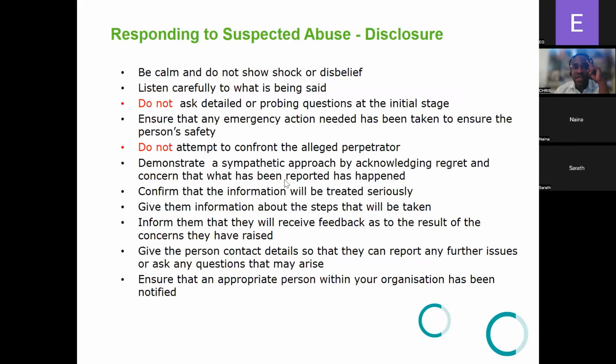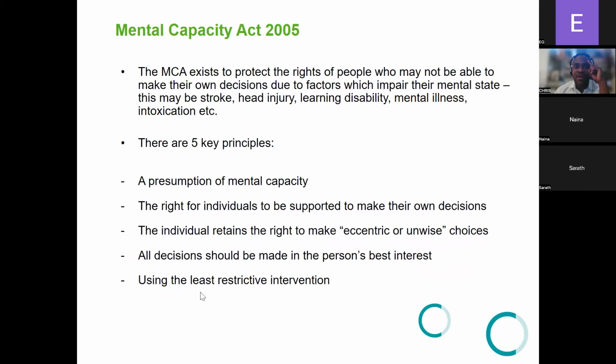But when we come to the Mental Capacity Act, we are talking about using the least restrictive. The person's ability to make choices and decisions should not be restricted because of their mental capacity. So you have to use the least restrictive intervention in relation to these issues. So these are the 5 key principles that underpin the Mental Capacity Act.